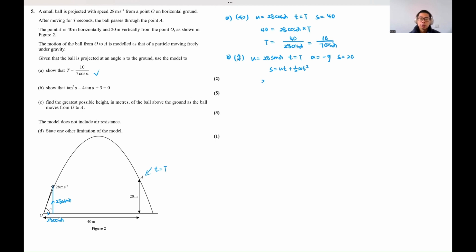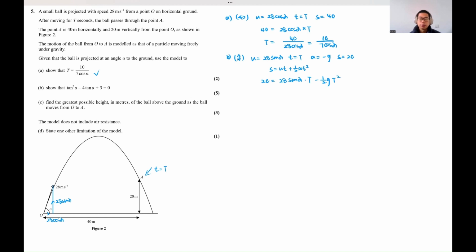So s is 20, u is 28 sine alpha, t is capital T, and then plus half times a negative g, which is negative 1/2 g, times T squared.